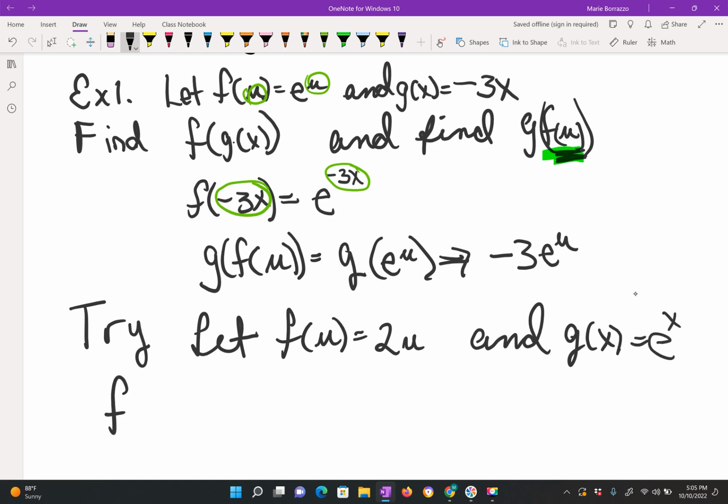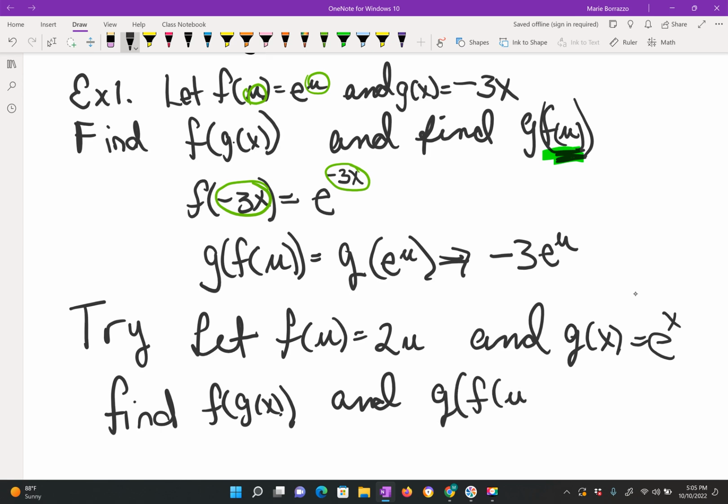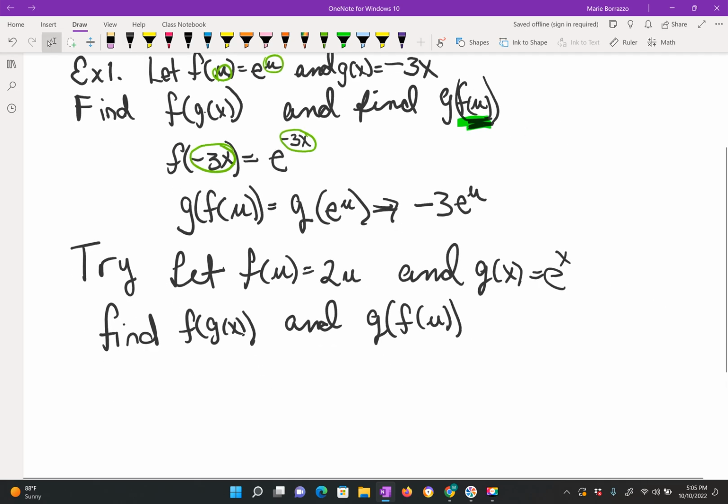They want us to find f of g of x, and they also want us to find g of f of u. I'll give you a couple minutes to take a look.